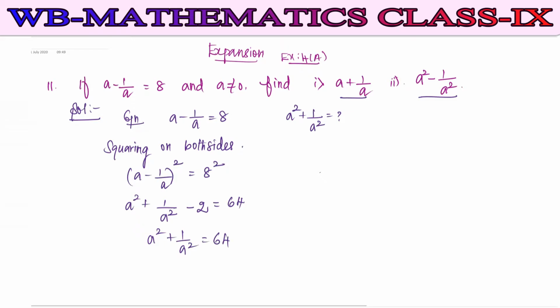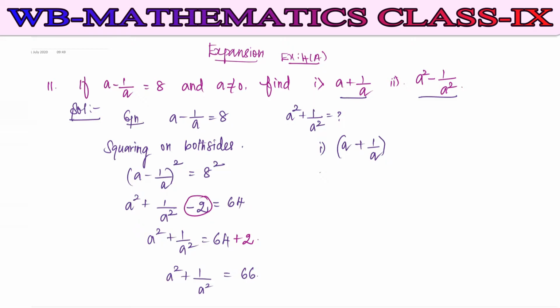When you shift minus 2 to the opposite side, it will become plus 2. So here we are going to get a square plus 1 by a square is equal to 66. Now we need to find the first sub question, a plus 1 by a. Directly if you apply this value, we are not going to get the value to find a plus 1 by a.